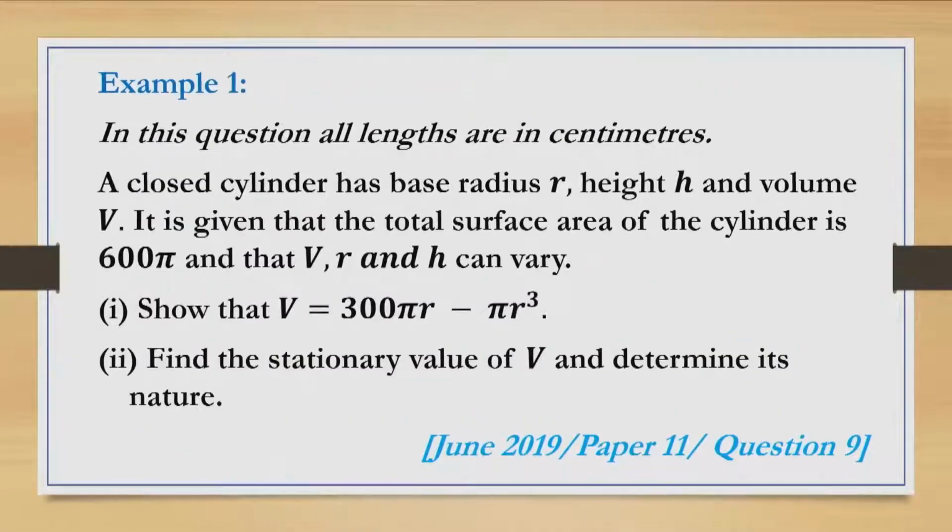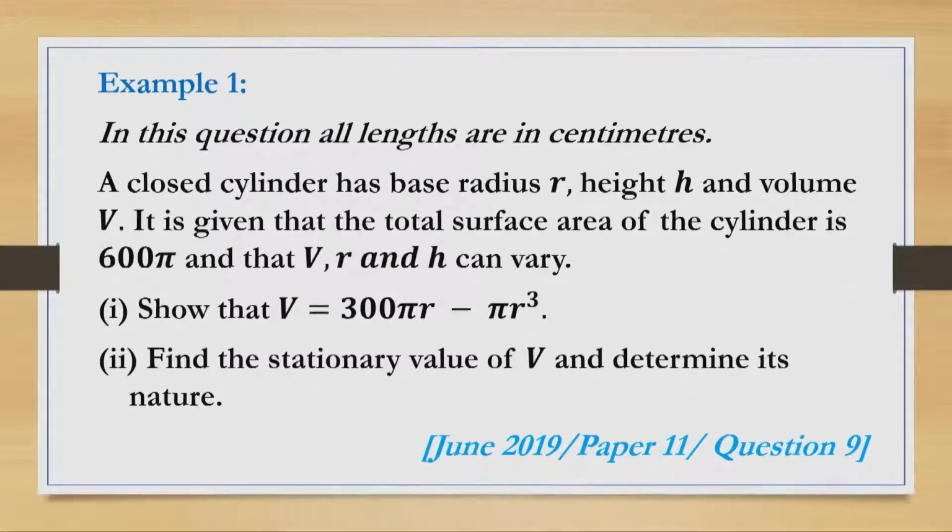So let us start with example 1. In this question, all the lengths are in centimeters. A closed cylinder has base radius r, height h, and volume v. It is given that the total surface area of the cylinder is 600 pi and that v, r, and h can vary.